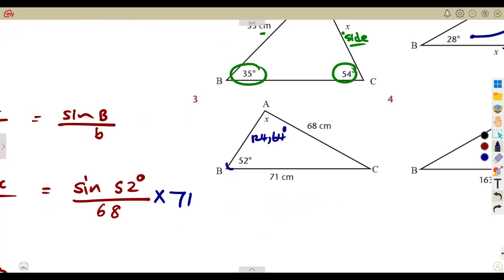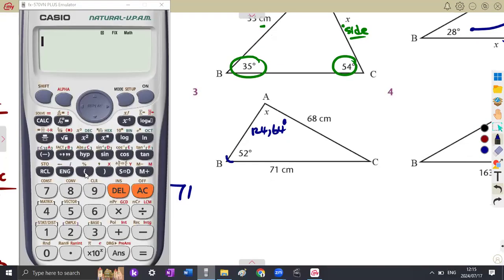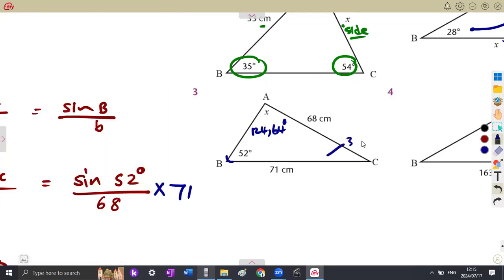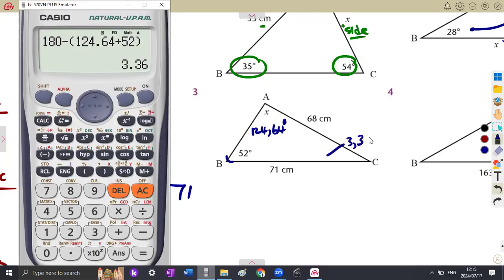Are we going to obtain the normal property of a triangle? If we subtract this from 180 degrees, we are supposed to obtain a certain value there. 124.64 plus 52 degrees. We are obtaining a certain value, even though it's very small, 3.36 degrees.